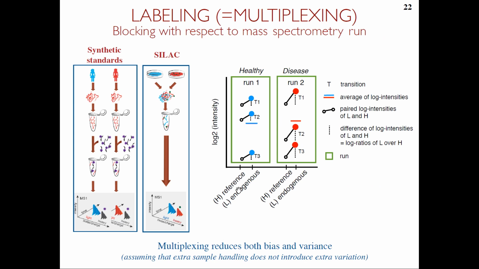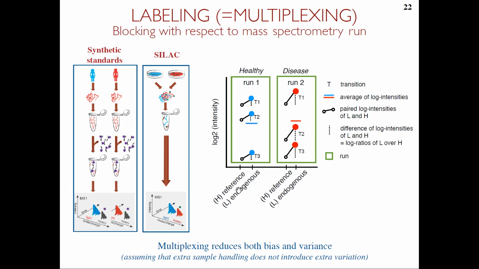And then labeling for mass spectrometry is actually also another type of blocking, where a mass spectrometry run can be thought of as a block. So for example, let's say we have an SRM experiment where we use labeled reference peptides which are spiked in at constant concentration for each endogenous counterpart.